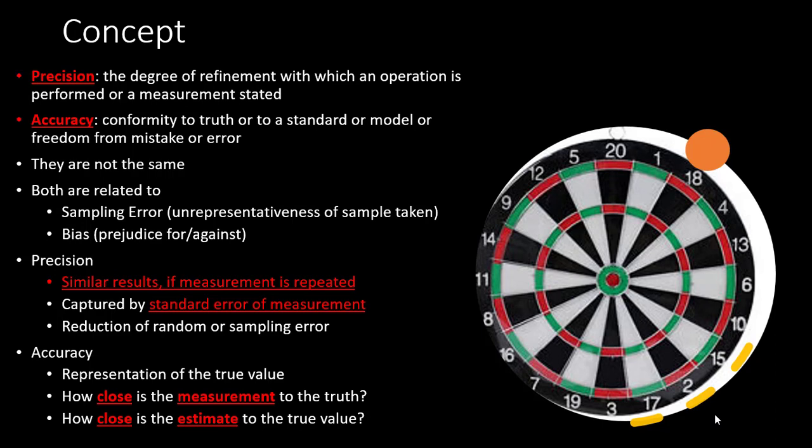So when you look at precision, how do we put it when we think of scientific research? Your work will be precise if similar results were obtained when the measurement was repeated over and over again. It might not necessarily be exactly the same, but the difference is not so distinct.